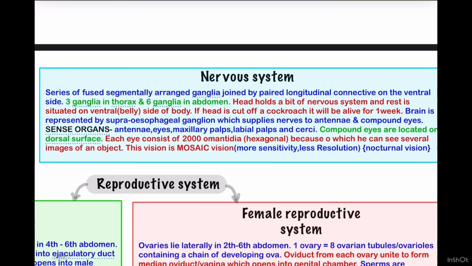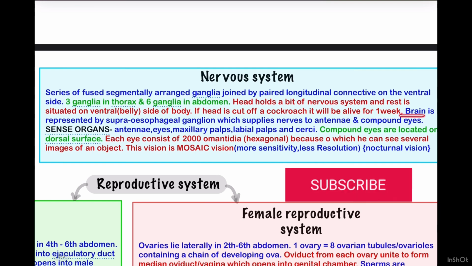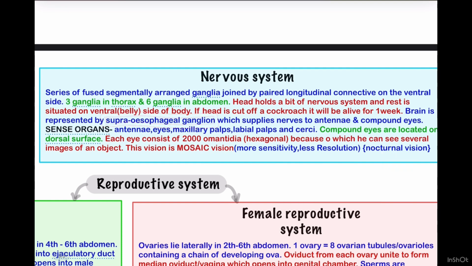If the head of the cockroach is cut off, it will be alive for 1 week because the head bears very little brain only. The brain represents the supraesophageal ganglion, which surrounds the esophagus. Let us say this is the esophagus and the ganglion surrounds it like this. This brain supplies nerves to the antennae and compound eyes.